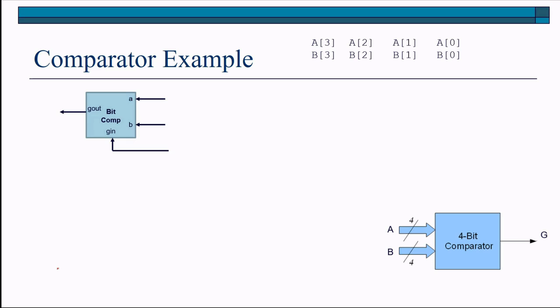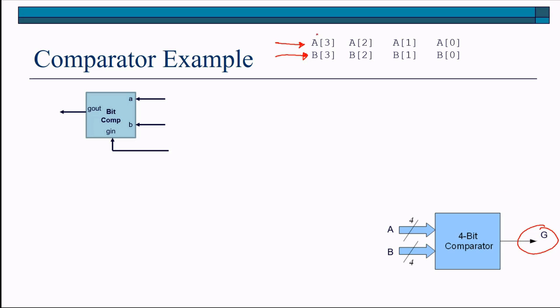And using our 1-bit comparator, we're now going to implement our 4-bit comparator. And remember, our goal is to take the input A, made up of the 4 bits as shown, and compare it with the input B, consisting of these 4 bits, and producing an output G, which is the result of the comparison.